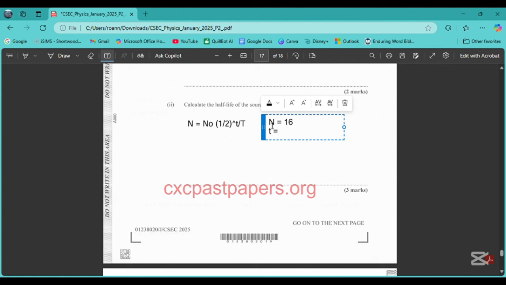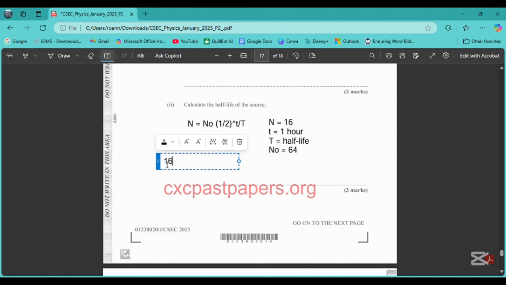Small t is our time, so the 1 hour. Capital T is our half-life, which is what we're trying to find. And N naught would be 64, which is our corrected initial count rate. So to fill in these values, we have 16 is equal to 64 times half to the power of 1 over T.